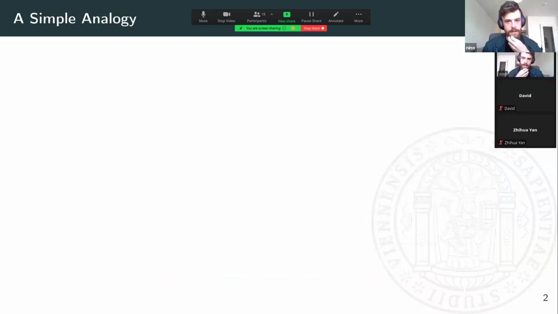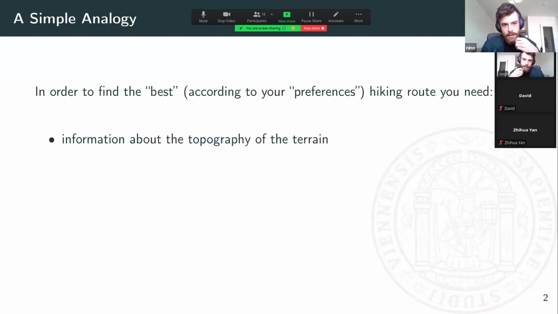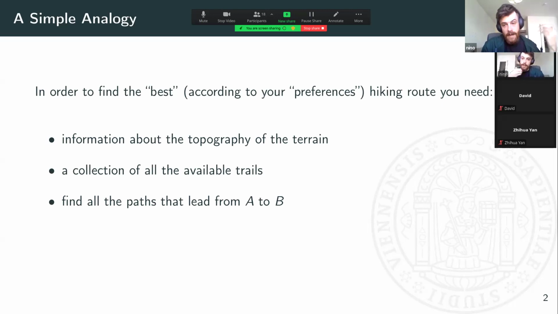So this means that, in order to find the best hiking route according to your preferences, you need the information of the topography of the terrain. You need a collection of all the available trails. You need to find all the paths that can lead you from A to B. And you need also a way to rank these pathways according to your set boundary conditions. And that's basically all the information that is encoded in this hiking map that I showed.